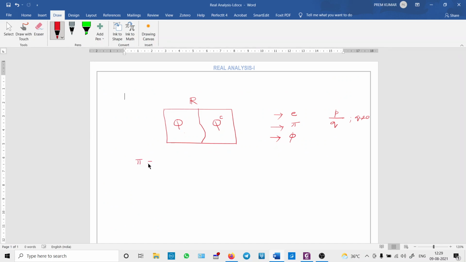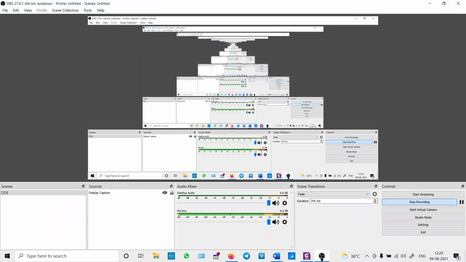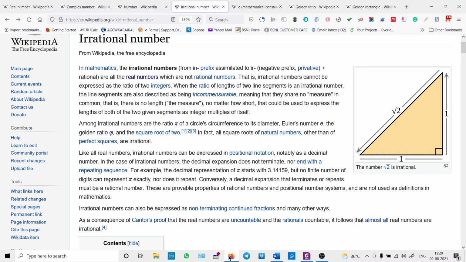The circumference of a circle is 2 pi times the radius, and the diameter of the circle is 2r. Then that ratio is pi, and we term that pi as an irrational number.